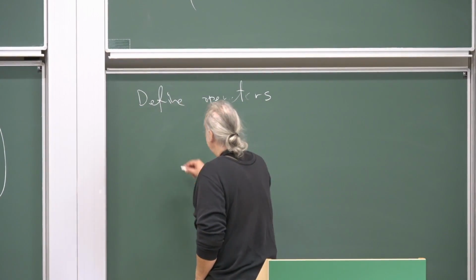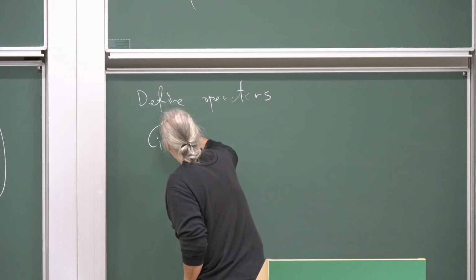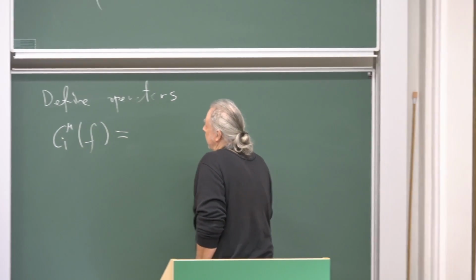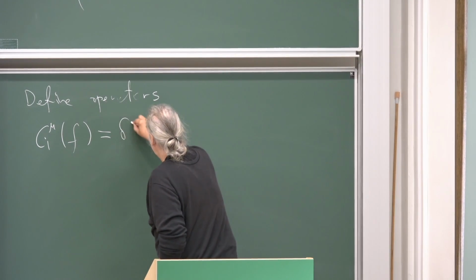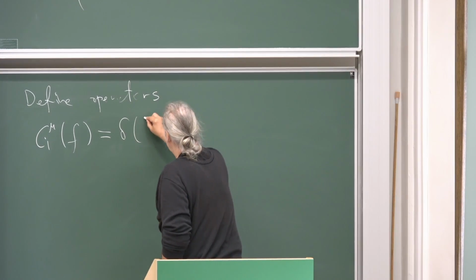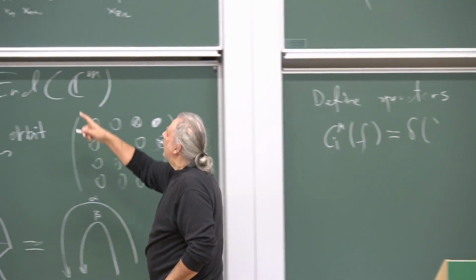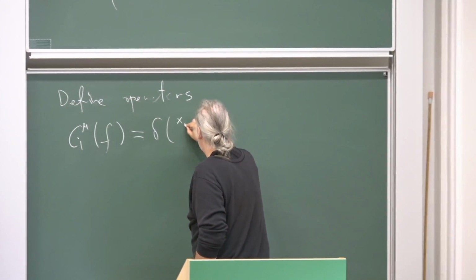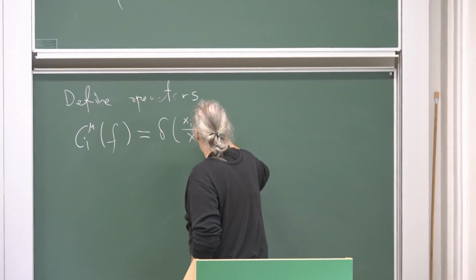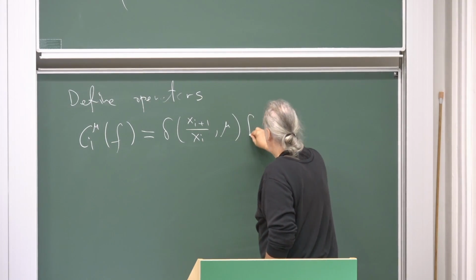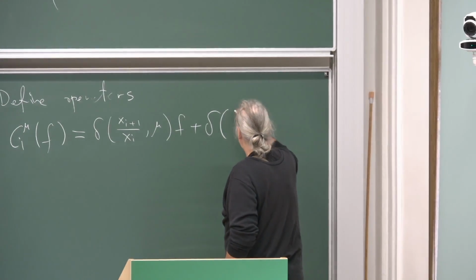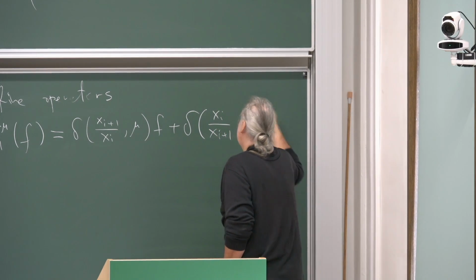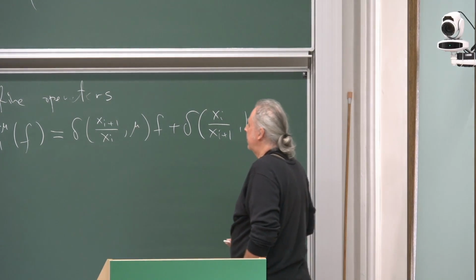So we define operators Ci, depending on a parameter mu, on functions, which are divided difference operators. So maybe I said that I call these variables xi, and here mu f plus delta xi plus 1 h. h is an arbitrary variable present in this theory.